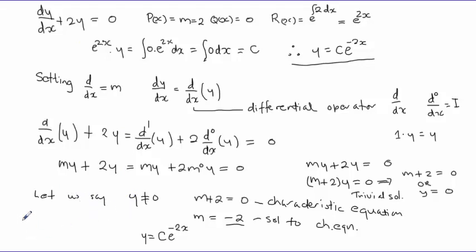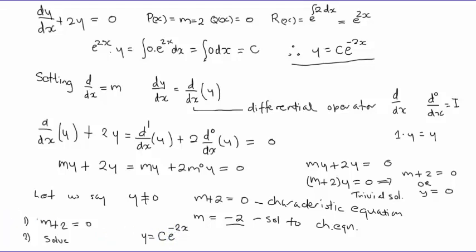First, looking at the equation carefully and extracting a characteristic equation, which would be m plus 2 equals 0. Then second, solve this equation. After solving the equation, simply build up the solution like this.